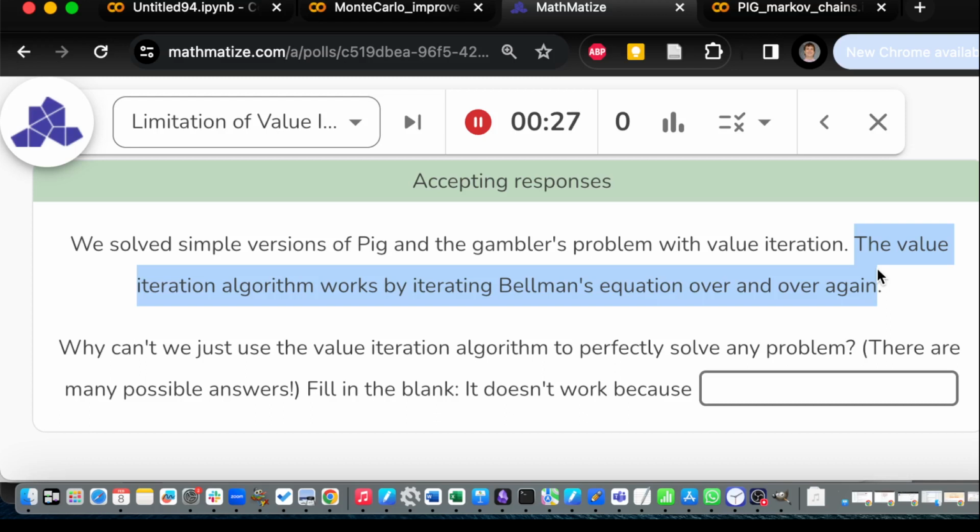So think about really what were the ingredients that we needed to get this thing to work, and when would it not work in practice?